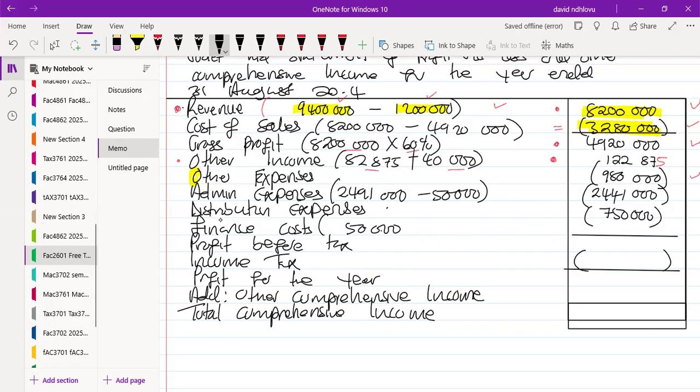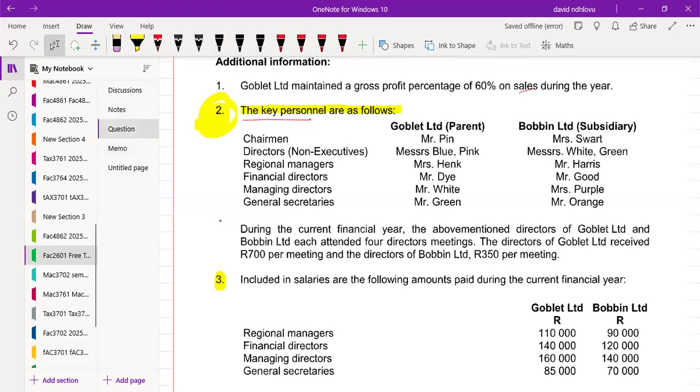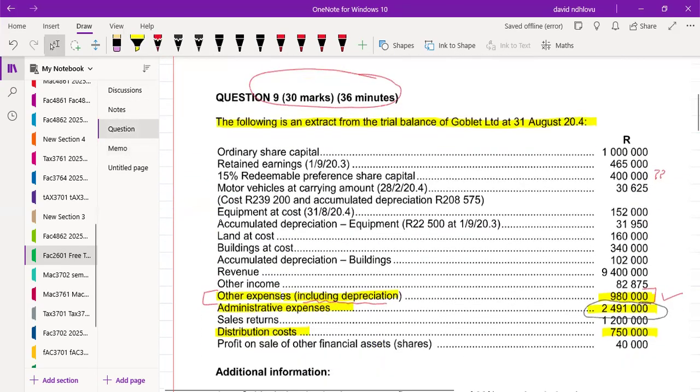Right. Let's look at the finance costs. Now, remember I said we are going to come back to this, which is the 15% redeemable preference shares, which are worth 400,000. Because they are redeemable, we are going to treat them as a loan, which means the dividend payable on those preference shares is going to be treated as a finance cost.